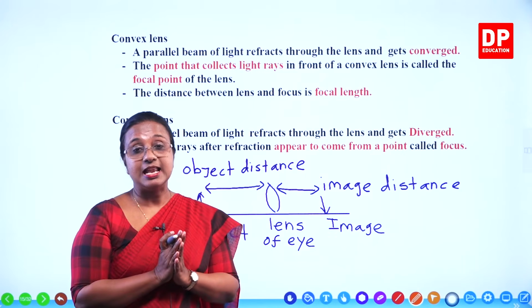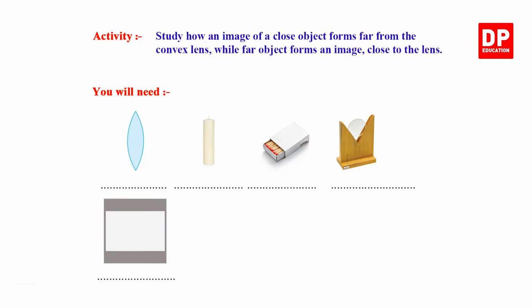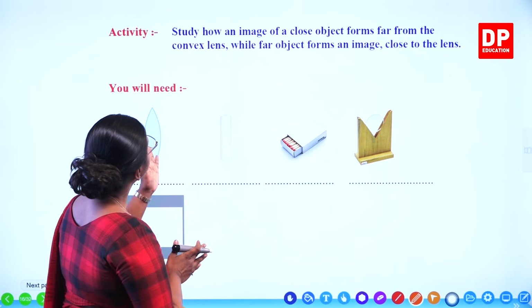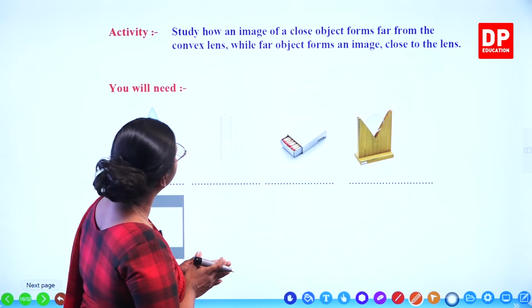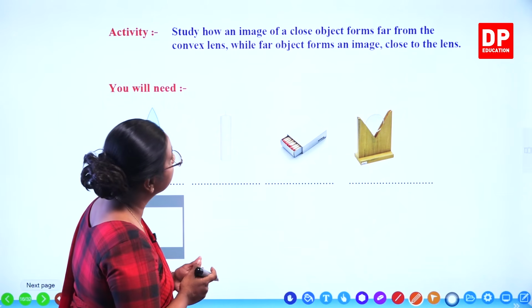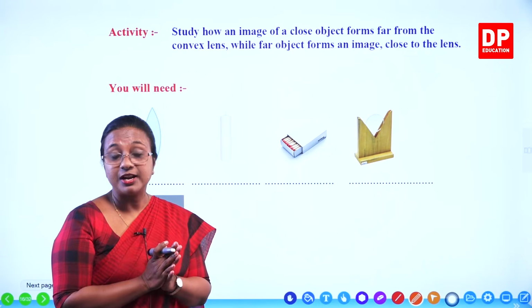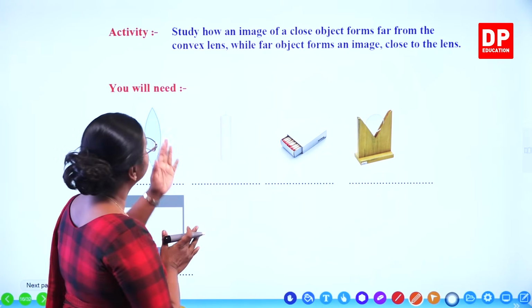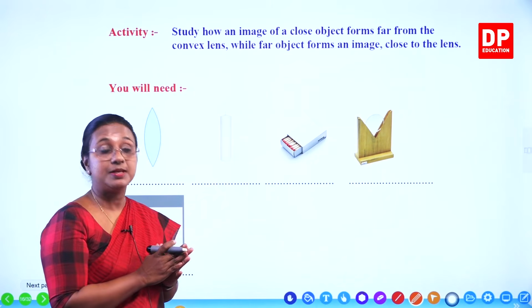To understand this, we will look at an activity. Activity: study how an image of a close object forms far from the convex lens, while a far object forms an image close to the lens. So, the two different types of images formed by the two different objects at different positions.